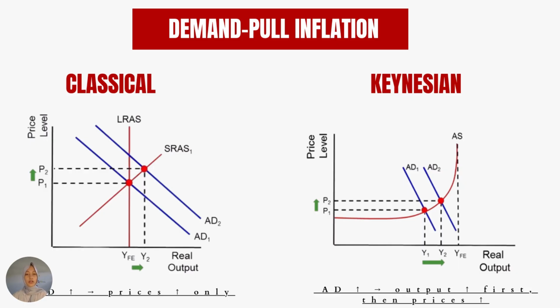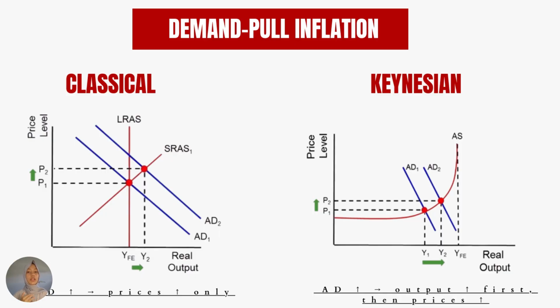Next, these are the two graphs of demand pull inflation. The first one is classical and the second one is Keynesian. So what is the difference? For the classical, only the prices rise.